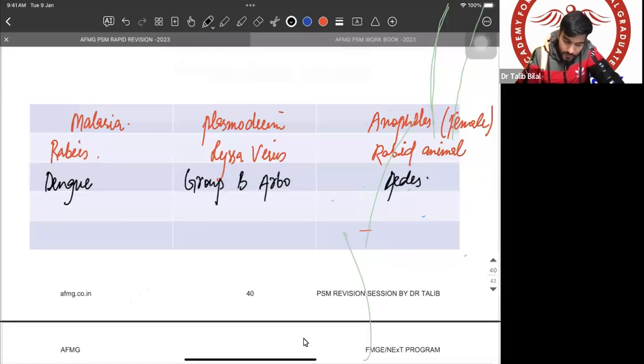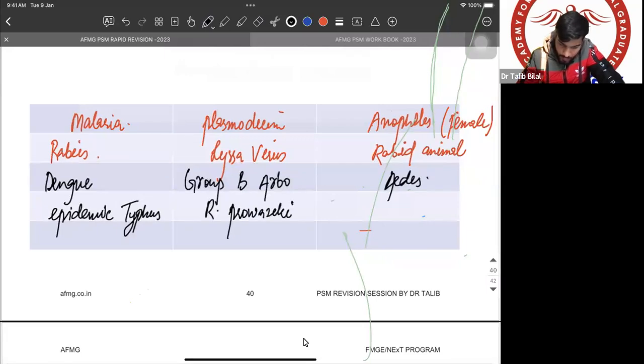Aedes. If I talk about epidemic typhus, we have Rickettsia prowazekii, and louse is the vector.